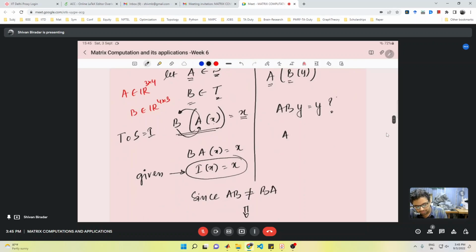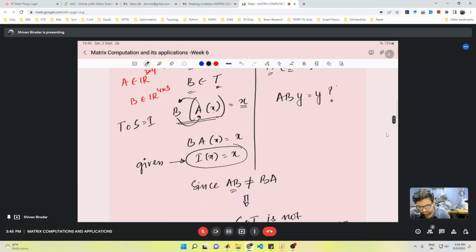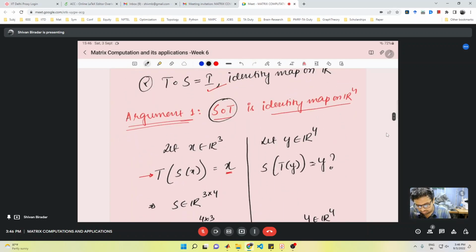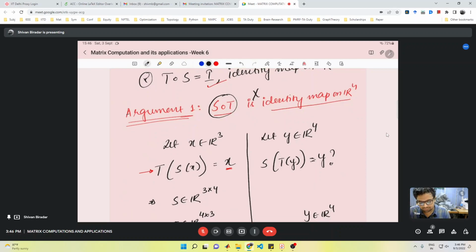Remember that AB is not equal to BA. BA, which is equal to I, is not equal to AB. So this means that S composition T is not an identity map.